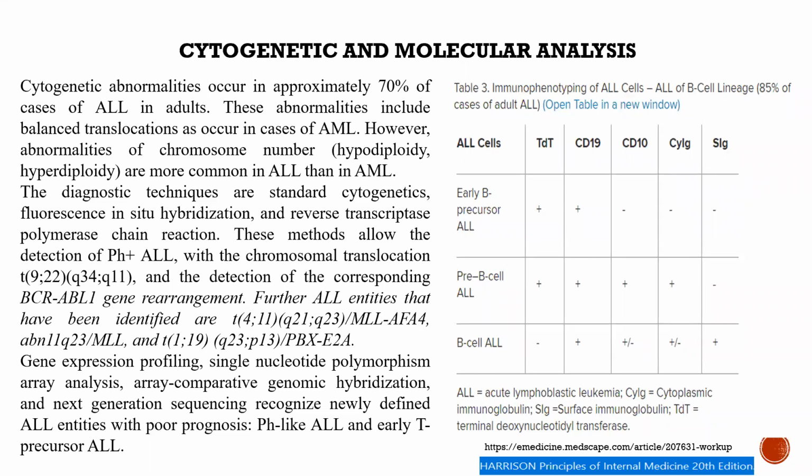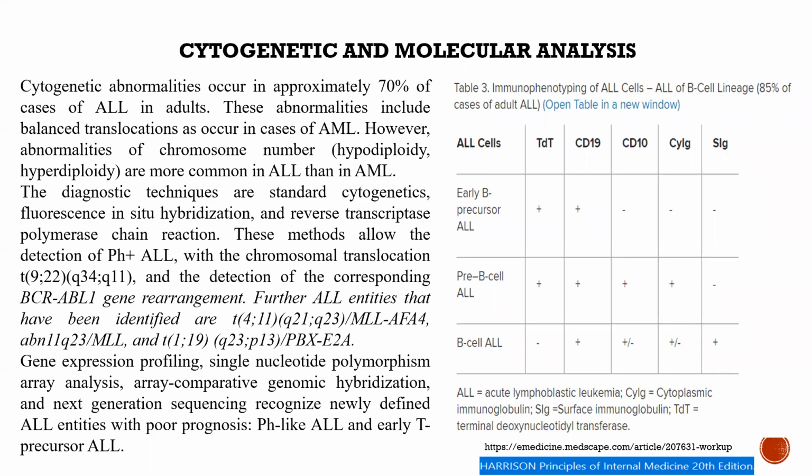The diagnostic techniques are standard cytogenetic fluorescence in situ hybridization and reverse transcriptase polymerase chain reaction. These methods allow the detection of Philadelphia chromosome lymphoblastic variant with the chromosomal translocation 9 and 22 and 4 and 11, and the detection of corresponding BCR-ABL1 gene rearrangement.